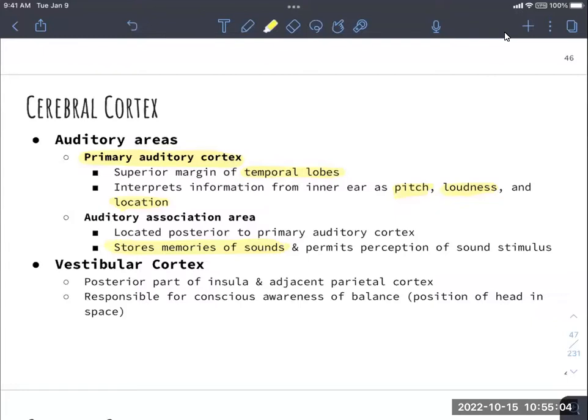So when you hear that, again, it could cause some kind of warning in your system, but it allows you to permit perception. What's going on? What kind of sound is this? Where have I heard this sound before? All of that is coming from the auditory association cortex.